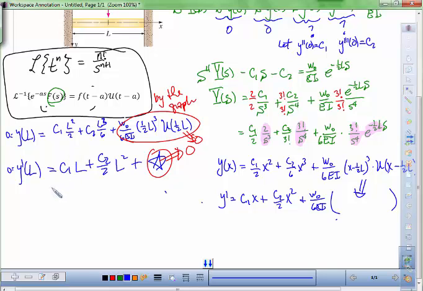So let's see. I'm solving for C1 and C2. So let me rewrite C1 L squared over 2 plus C2 L cubed over 6 is equal to 0. C1 L plus C2 L squared over 2 is also equal to 0. So this is really just a system of linear equations, two equations, two unknowns.